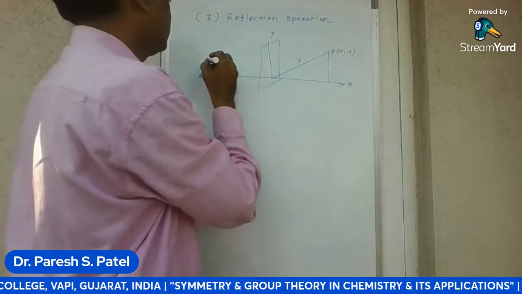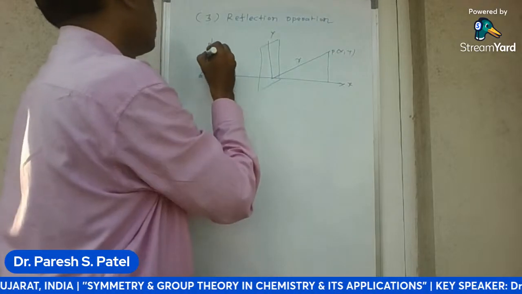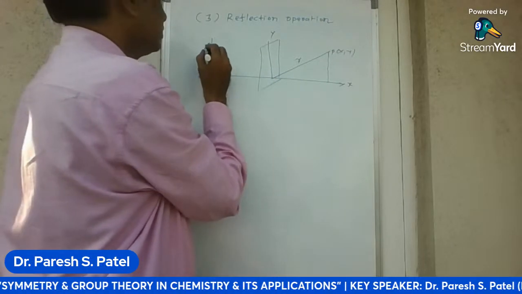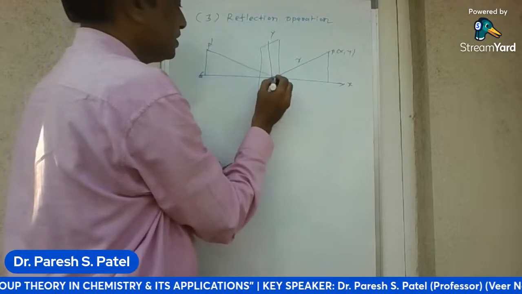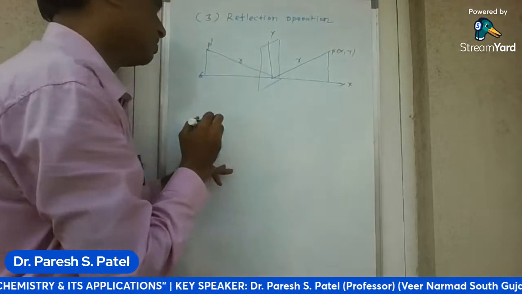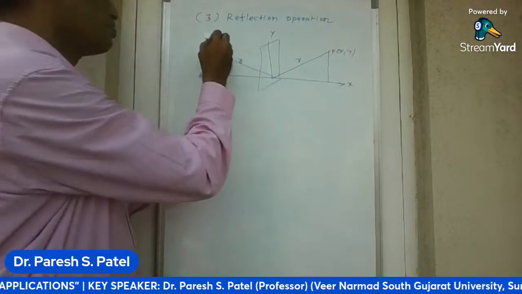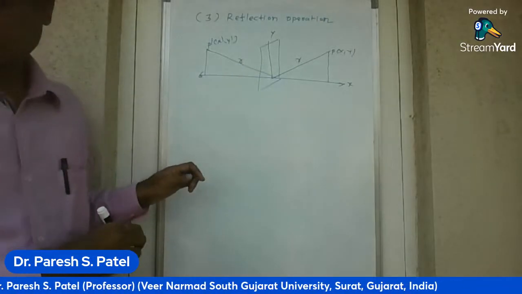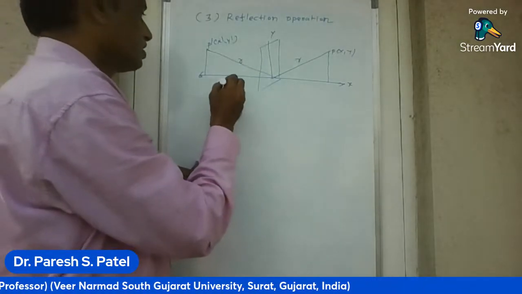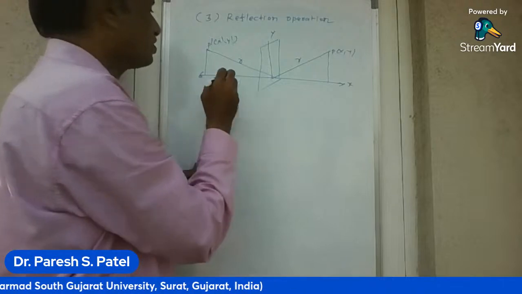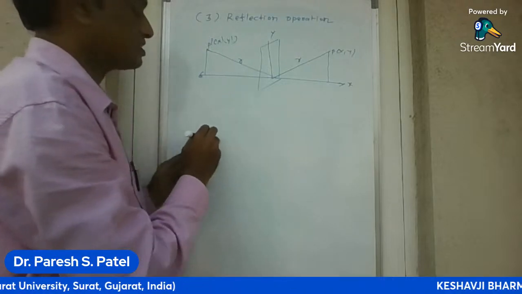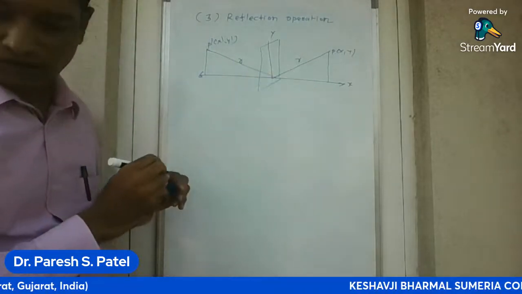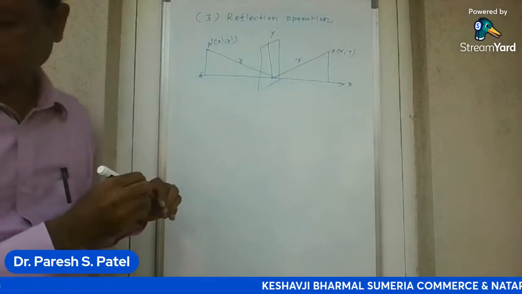So the reflected vector is p dash with the coordinates x dash and y dash. It means along the x-axis the distance is x dash and along the y-axis it remains the same.